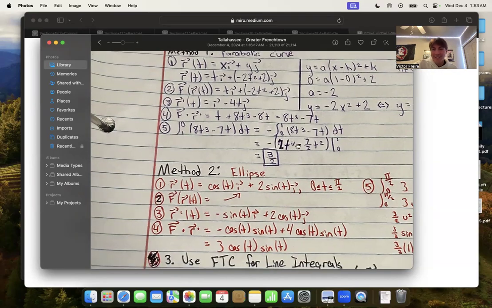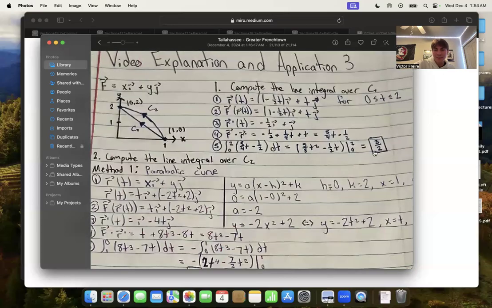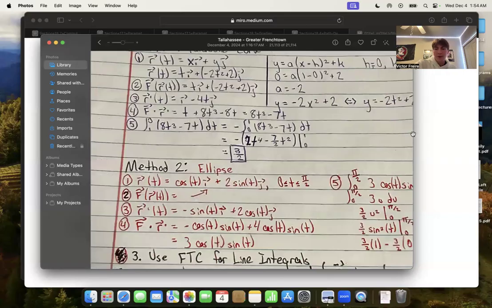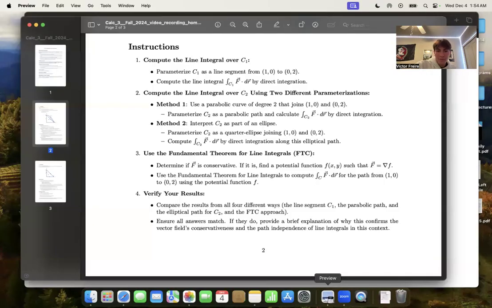So when we integrate this here, we're left with 2t to the fourth minus 7 halves t squared. And then when we evaluate this from 1 to 0, we're left with 3 halves, once again, just like in step 1.